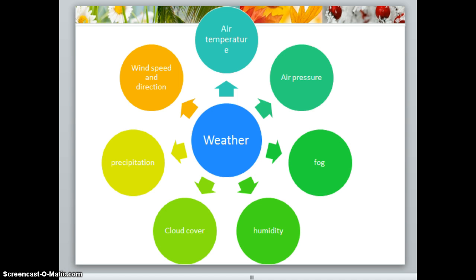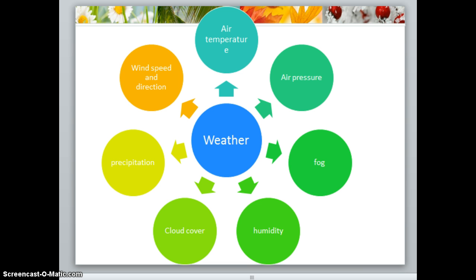Okay, so we know that when we talk about weather, the factors that we're looking at are air temperature, air pressure, fog, humidity, cloud cover, precipitation, wind speed, and direction. And we know that all of these factors occur on a day-to-day basis. Sometimes they change throughout the day. They could change hour by hour.